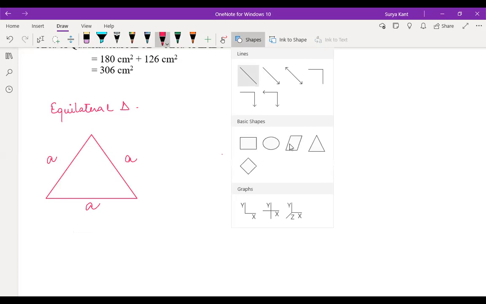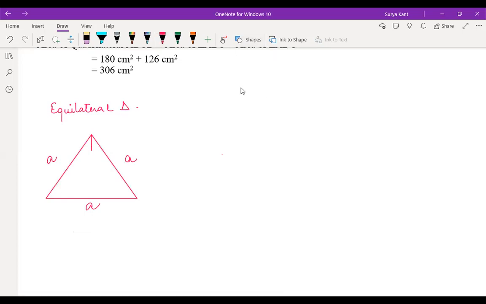So we can bifurcate this triangle into two parts. This is the median of this triangle.